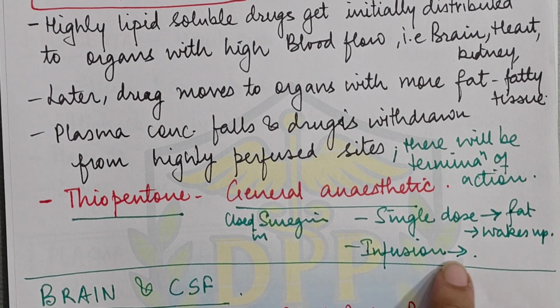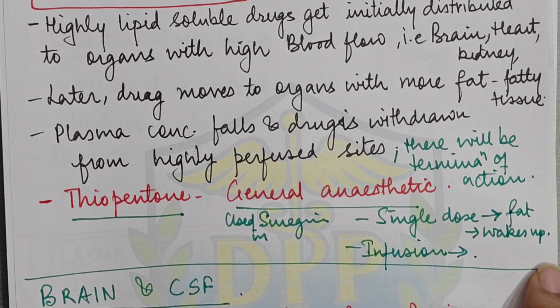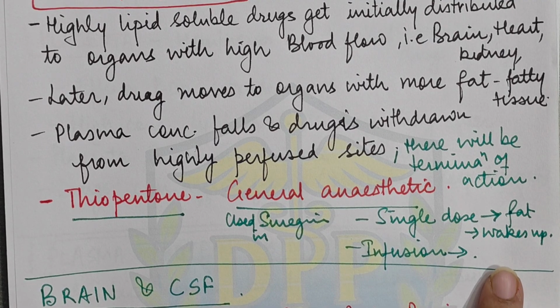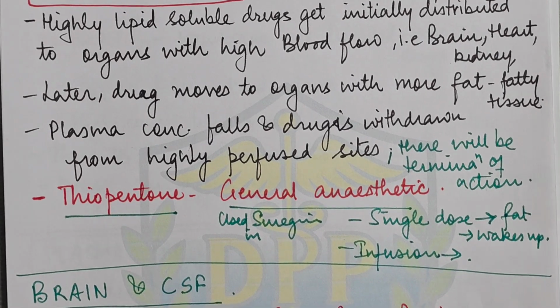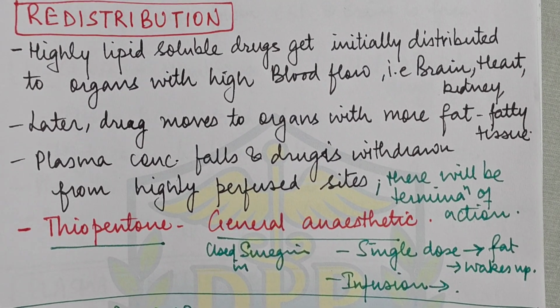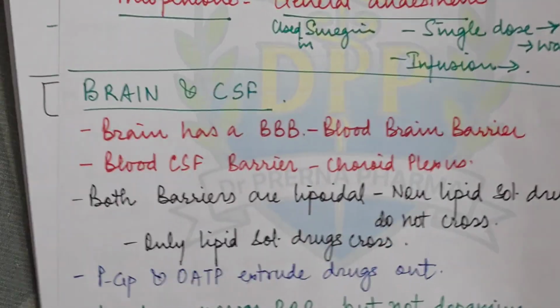Continuous infusion goes on, and this infusion will saturate the fat tissues. The drug will remain in the brain for a longer time and the surgery can go on uninterrupted, right? So this is the redistribution phenomenon. It is seen with thiopentone, and redistribution means the drug first reaches the highly perfused organs, but then because it is highly lipid soluble, it gets redistributed to fatty tissues.